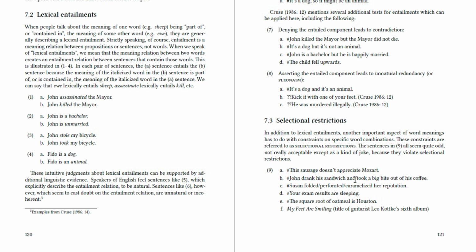Maybe we can just say it's a joke. Why can't we consider it? Because we said it's a restriction. So if you say drank his sandwich, for sure somebody looks like he wants a funny moment, or somehow your exam results are sleeping. So you're telling others that your result is really down, and you're trying to use a different expression for conveying the message.